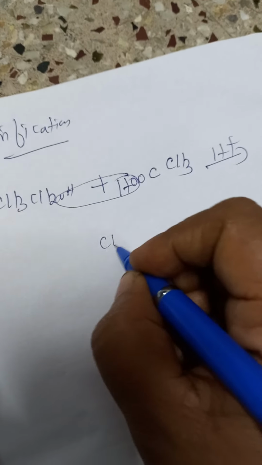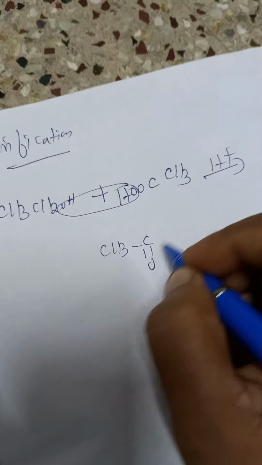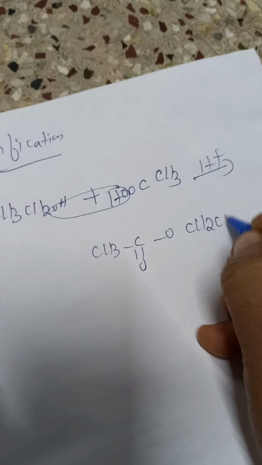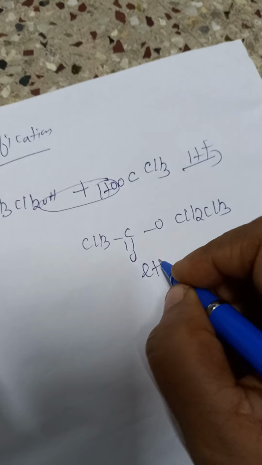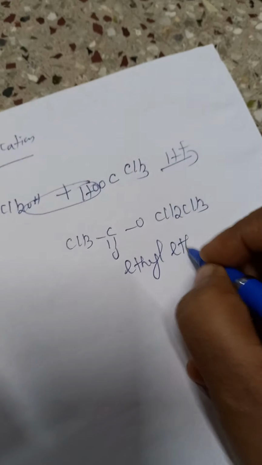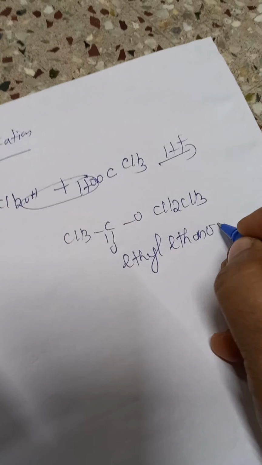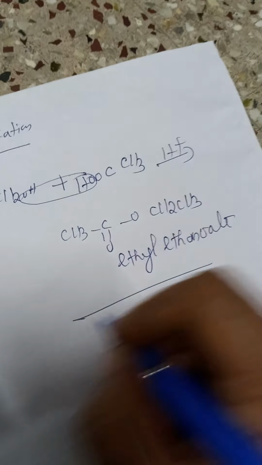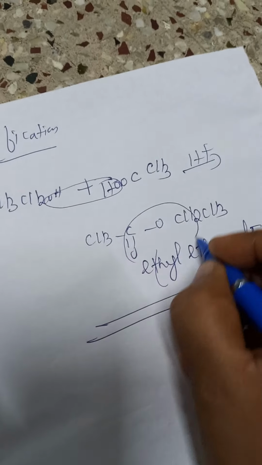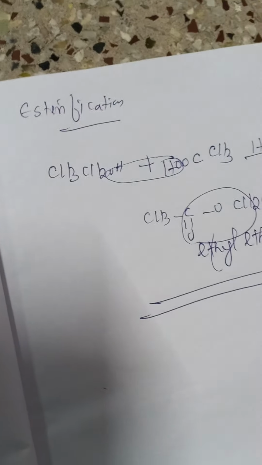So we are getting CH3COOCH2CH3, ethyl ethanoate. Since an ester is formed, this reaction is called an esterification reaction.